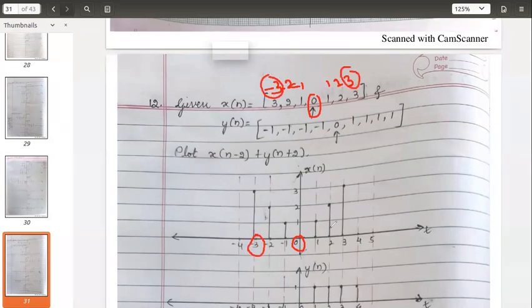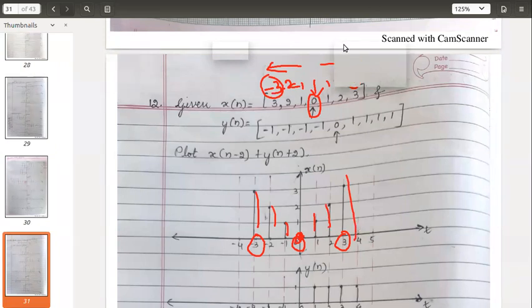Then at 0, amplitude given is 0, so don't mark anything. Then on the left hand side, check the amplitudes. They are 1, 2, 3. Similarly, on the right hand side, after 0, it is 1, 2, 3. So this is how x of n is drawn.